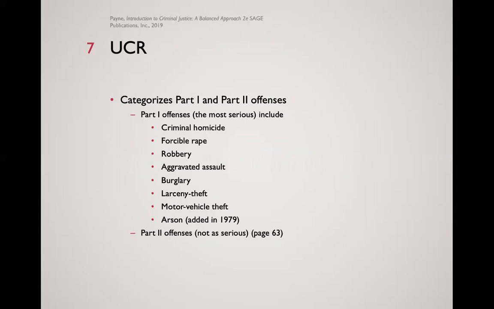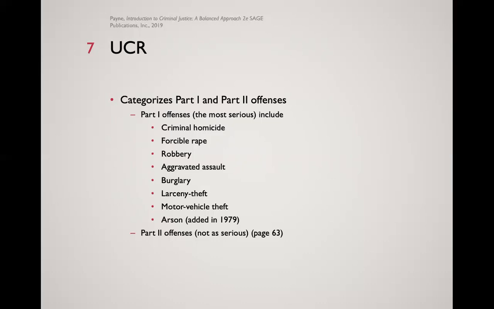These are viewed by the UCR and the FBI as the more serious offenses. Part 2 offenses are essentially not as serious. Obviously, they all have their merit, but page 63 in your text outlines the Part 2 offenses, if you want to see all of the different offenses that the UCR takes data on.